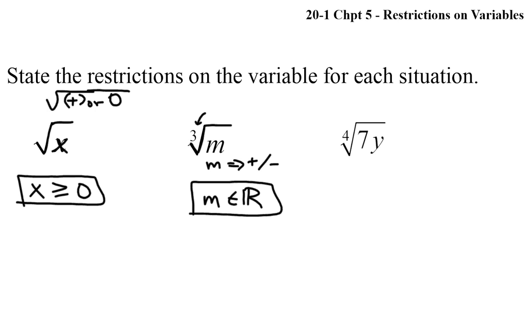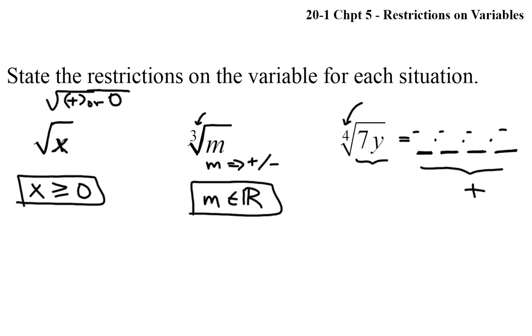Now a 4th root. 4th root's interesting. Here, we need the 4th root. So I need to figure out what times itself 4 times, because it's a 4th root. What if I multiply anything 4 times? If I multiply 4 negatives, it's going to be a positive.